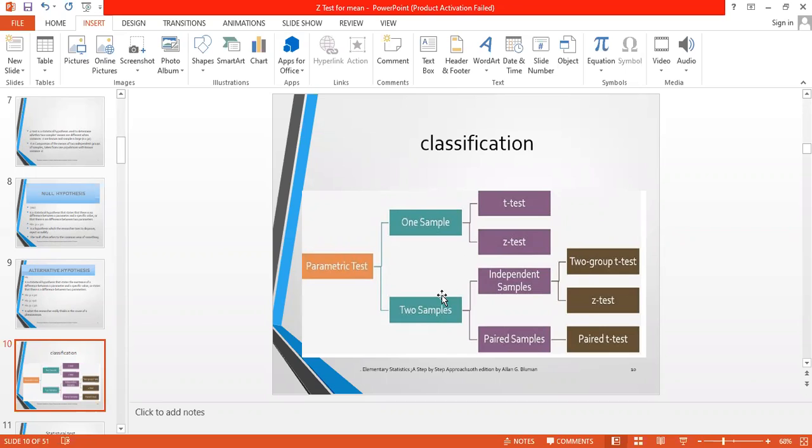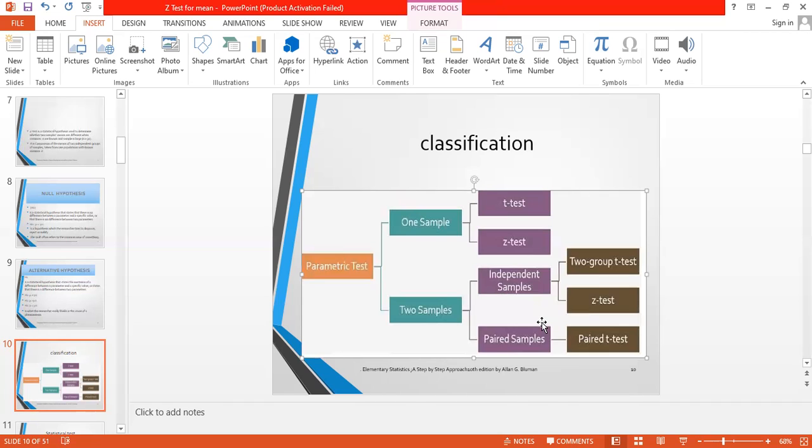In the two sample, we categorize into an independent sample or a paired sample, also known as dependent sample. Independent samples are further divided into two group T-test or two group Z-test, and a paired sample is divided into paired T-test.